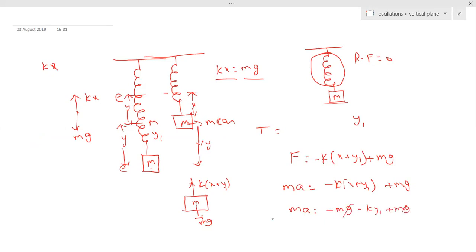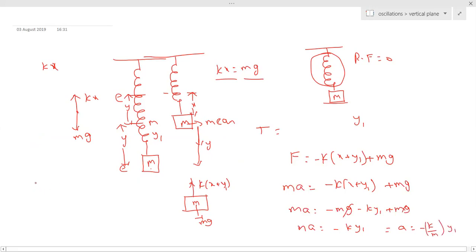This mg will get cancelled, that is ma is equal to minus ky1. Okay. So from this I can write a is equal to minus k by m into y1, which is similar to a is equal to minus omega square y. That is, it is undergoing SHM.